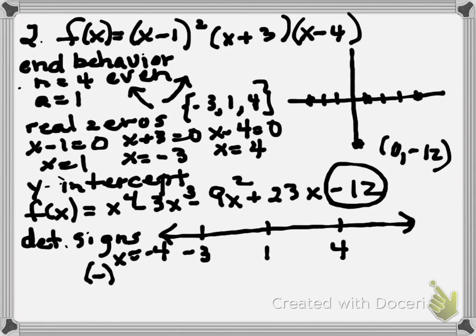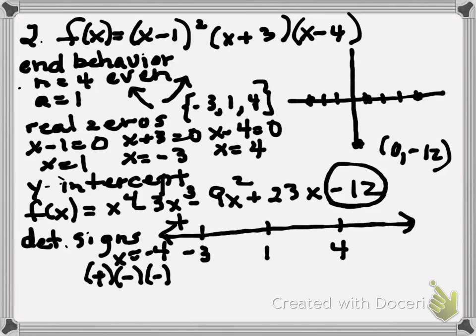Oh, I'm sorry. This quantity was squared. So this was -5 squared, which was going to be positive times negative times negative. So I'm getting a positive times a negative times a negative. So this region over here is going to be positive.